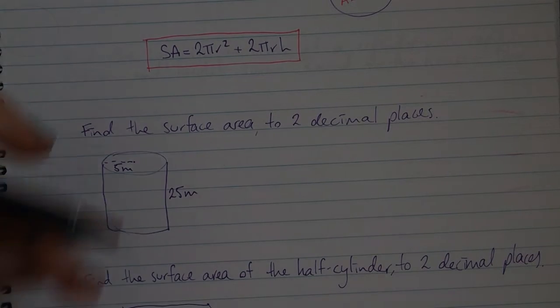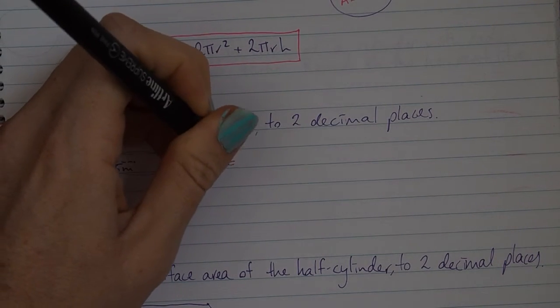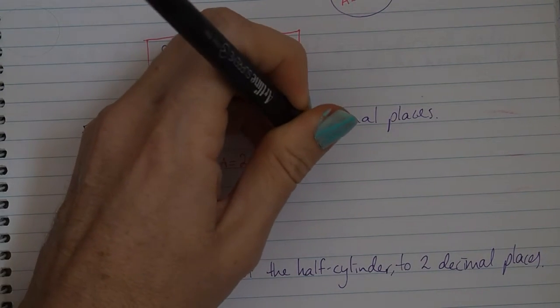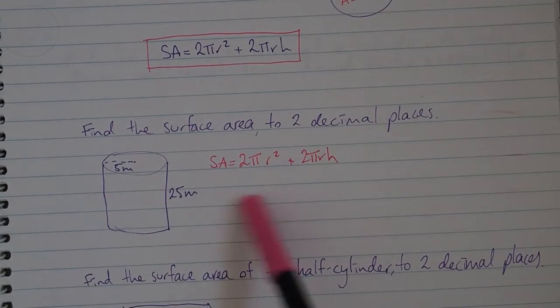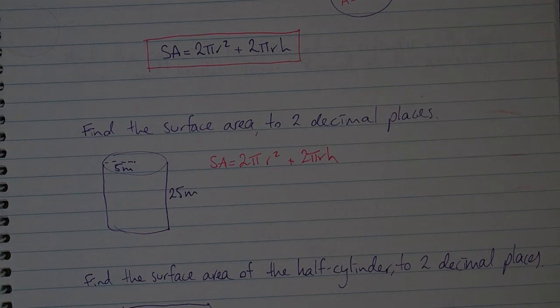Okay, so I'm just going to write out the formula for us. Surface area equals 2 pi r squared plus 2 pi r h. And look, I really recommend when you're solving problems for the first time to write out the formula as well, because it's going to help you remember that that's what you're using, and it's an easy reference when you're looking at how to use your measurements.